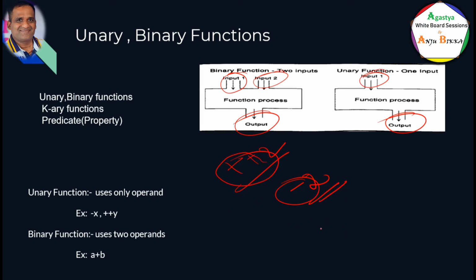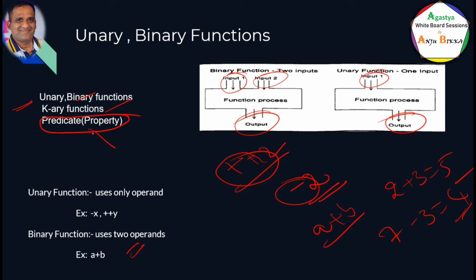Then in the case of binary functions, like a plus b, we have two operands: 2 plus 3 equals 5, and 7 minus 3 equals 4. That is a binary operator. So we have unary functions, binary functions, k-ary functions, and predicate and property, which is also called a Boolean function.